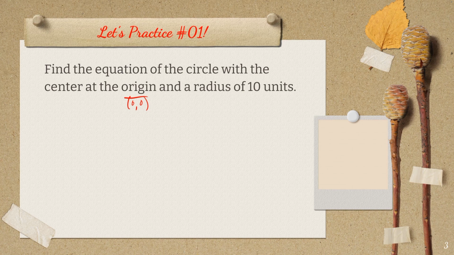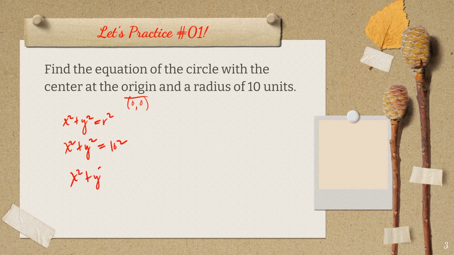Recall that the center is at the origin, right? Yes, so the values for h and k are both equal to 0. Applying the equation of a circle centered at the origin, x^2 + y^2 = r^2, since the center is at the origin, we can copy x^2 + y^2, and our radius is 10 units, that's 10^2.